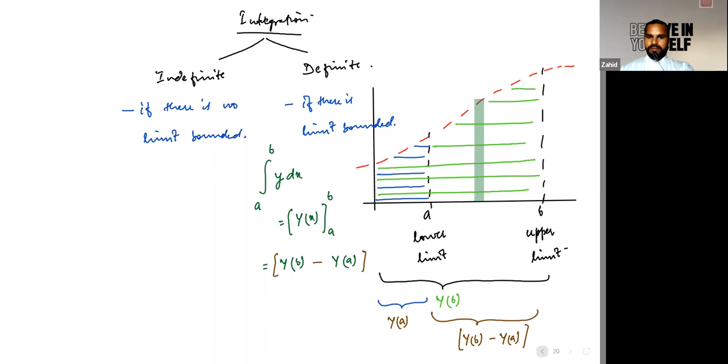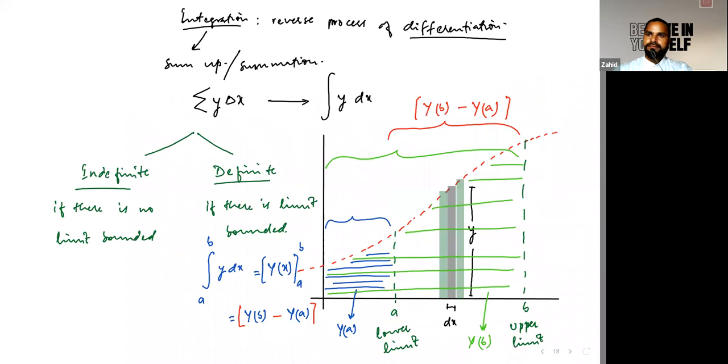I'm giving you an example related to this. If you have x dx, or let's say x squared dx, how to integrate this?